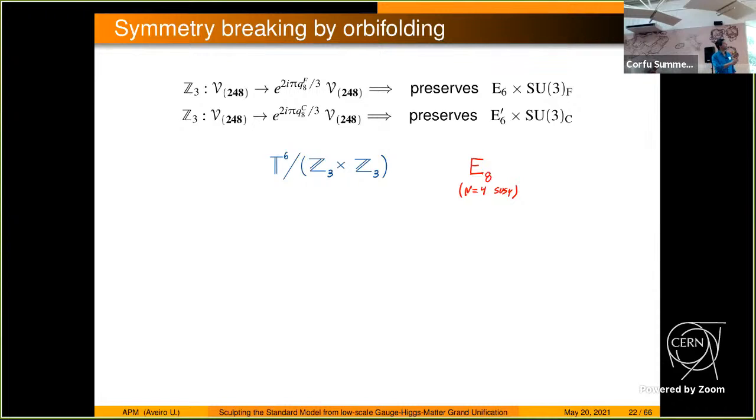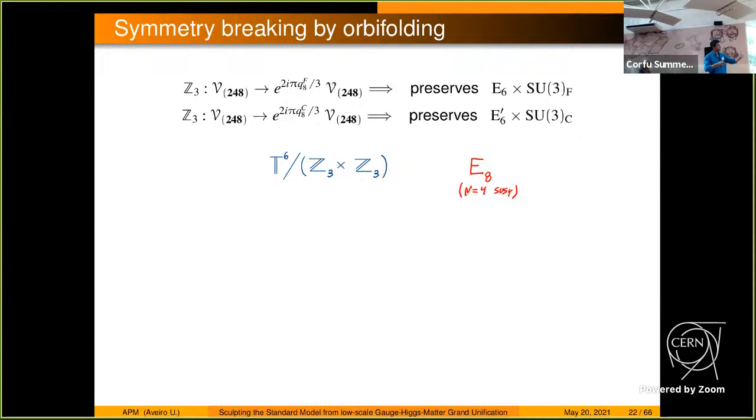One of them breaks E8 down to E6 cross SU3 family, and another one to a flipped E6 version where the color group is outside of E6 already. So imagine also that you have some mild hierarchy between the radii of the extra dimensions. These things can happen almost simultaneously, not exactly simultaneously.